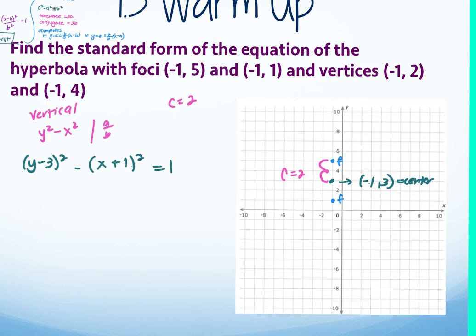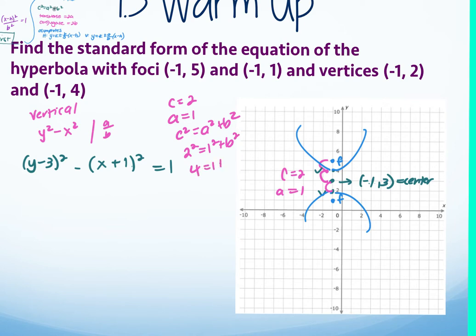Second piece of information given is that the vertices are at (-1, 2) and (-1, 4). So it's consistent with my vertical hyperbola, and the distance from the center to the vertex is your a. So a is 1. Because c squared equals a squared plus b squared, 2 squared would equal 1 squared plus b squared, 4 equals 1 plus b squared, and b squared equals 3.